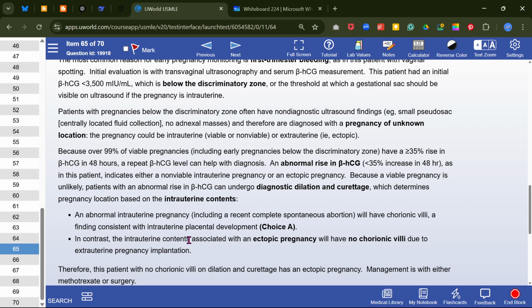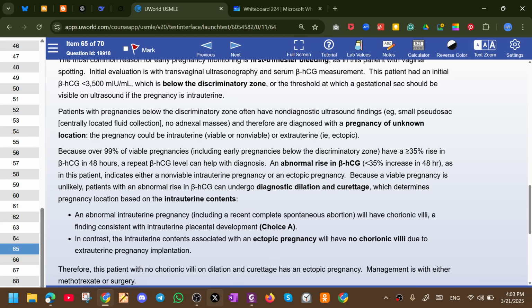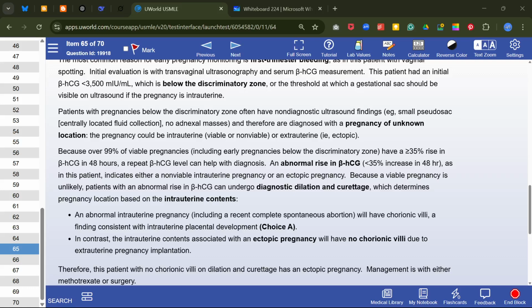In contrast, ectopic pregnancy will have no chorionic villi due to extrauterine implantation. Beta-hCG is rising less than 35%, and D&C is confirmatory. D&C is done, and there is no intrauterine content, so it looks like ectopic pregnancy.